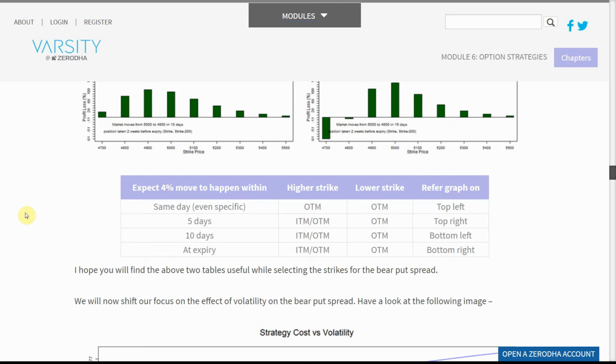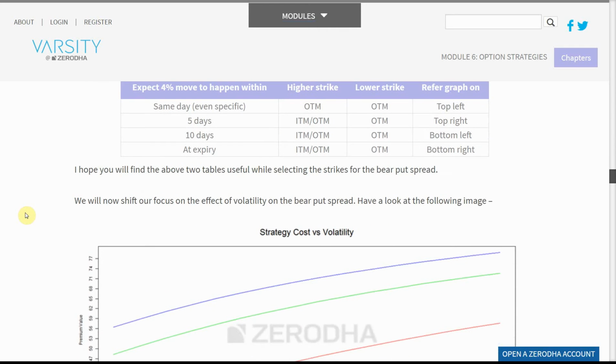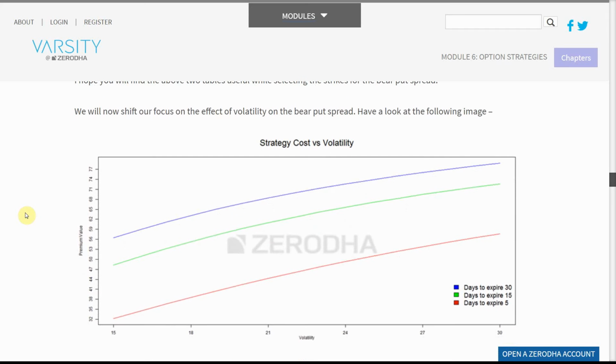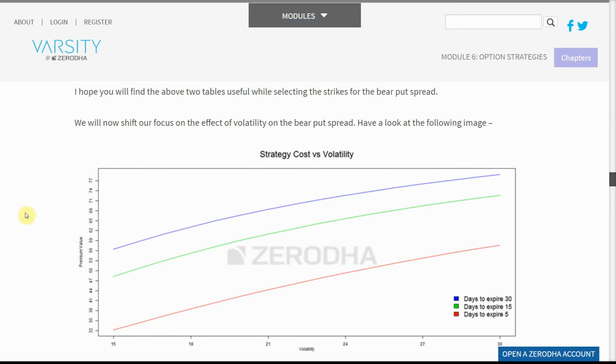We will now shift our focus to the effective volatility on the bear put spread. Have a look at the following image. The graph above explains how the premium varies with respect to variation in volatility and time. The blue line suggests that the cost of the strategy does not vary much with the increase in volatility when there is ample time to expiry, 30 days.